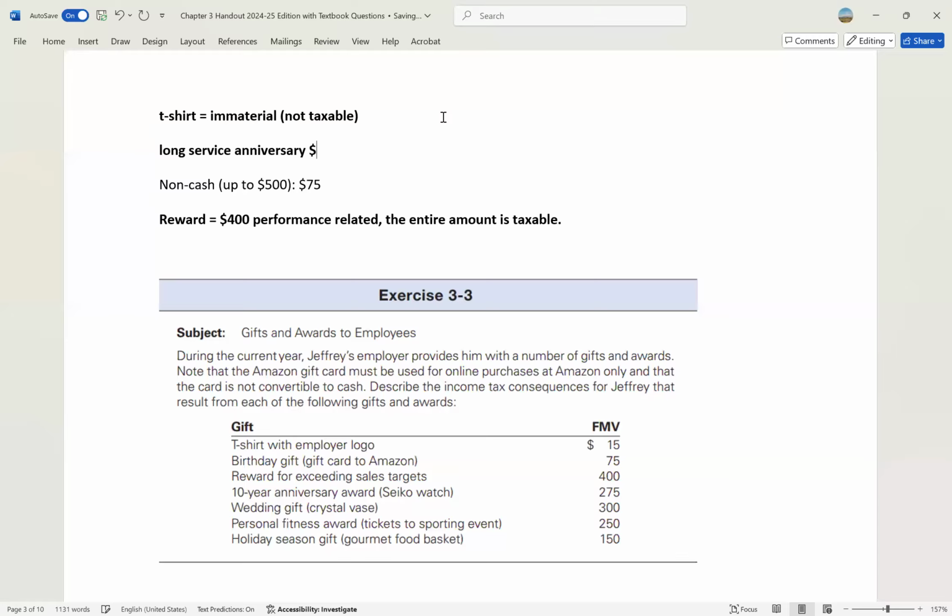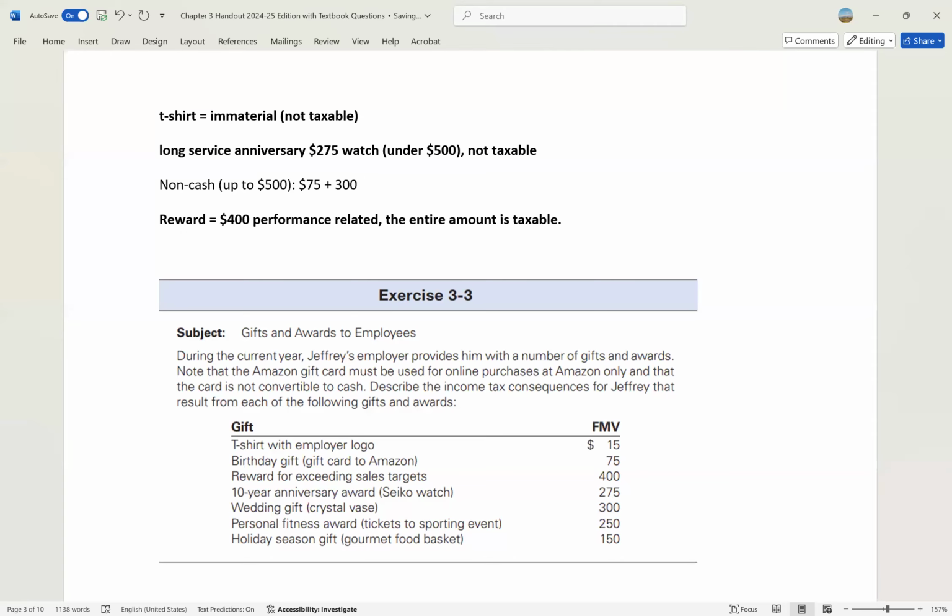That $275 watch is under $500, so it would not be taxable. There's a separate long service anniversary award up to $500 every 5 years. It's non-cash, so not taxable. The wedding gift, a crystal vase for $300, would be part of the non-cash gifts. So we're going to add the $300 here.